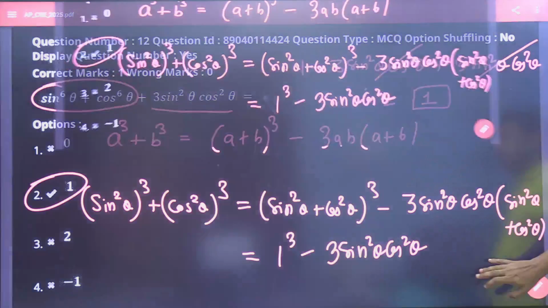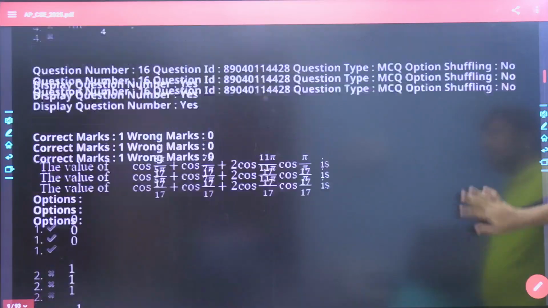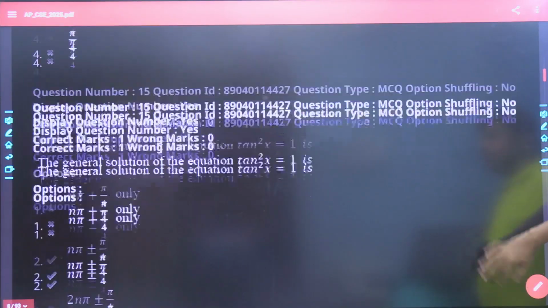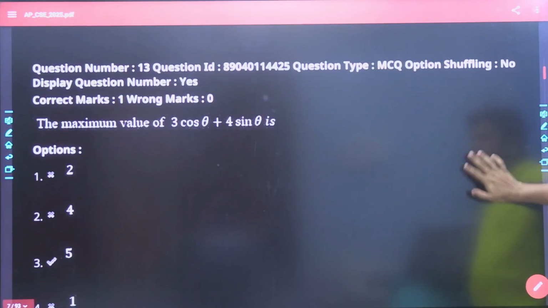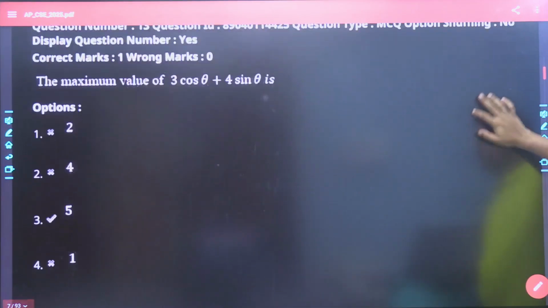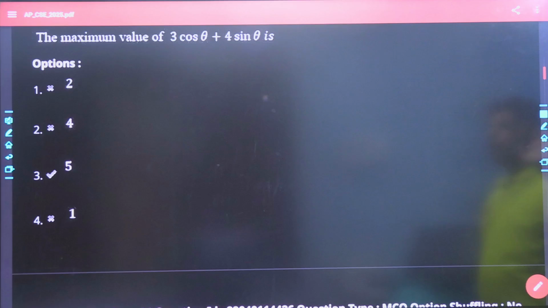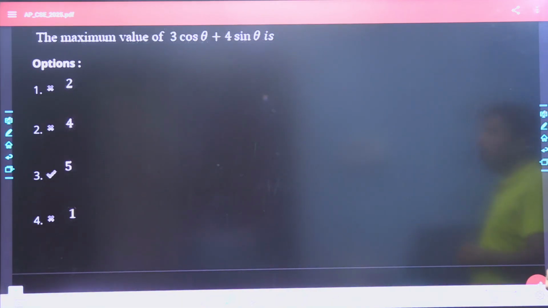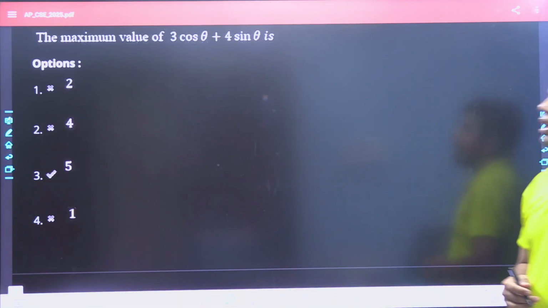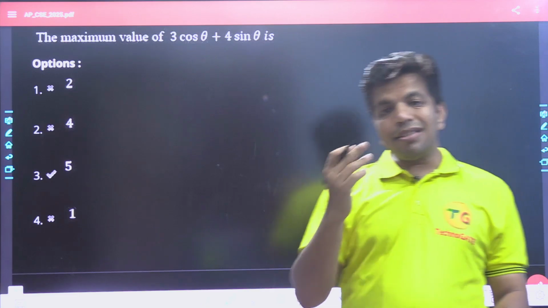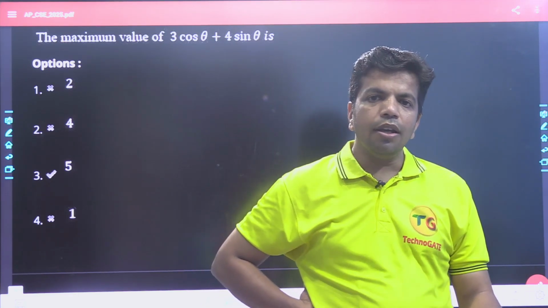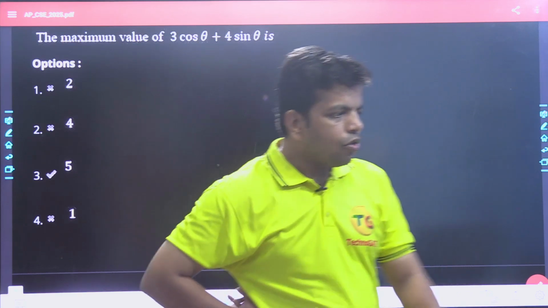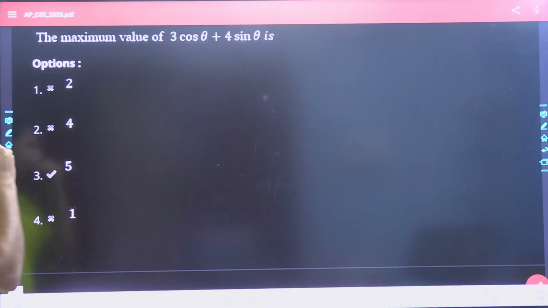Let's move toward the next question: the maximum value of 3 cos theta plus 4 sin theta. Compute the largest possible value. What can we do here? Can we apply the identity?